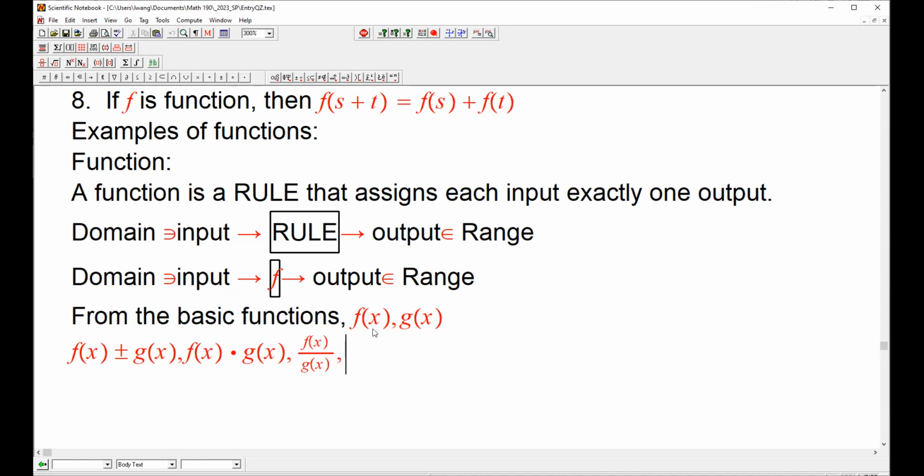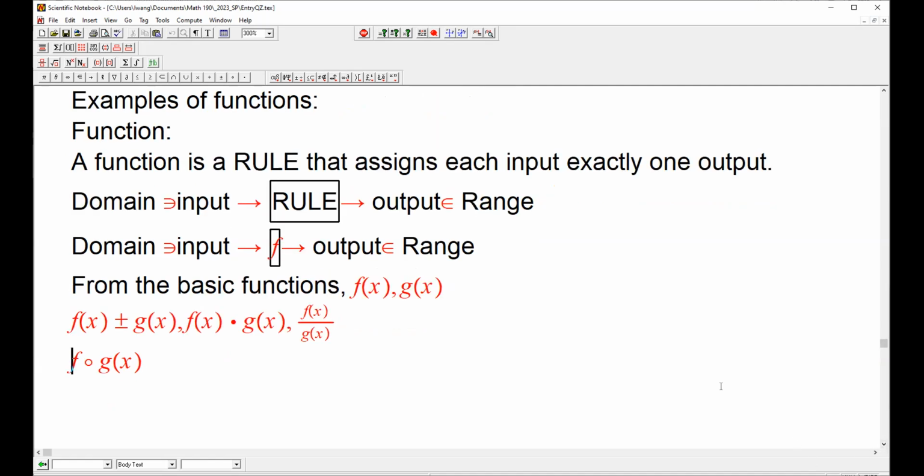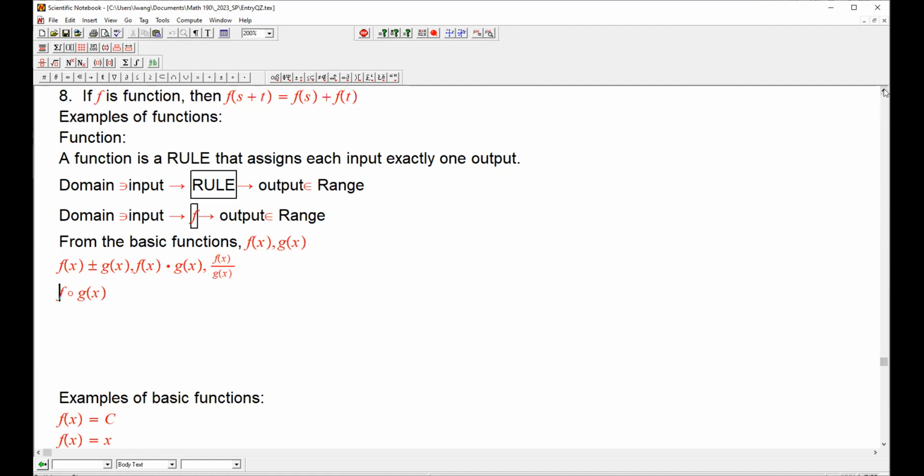Okay. Now, there's another way of making functions called composition of functions. We're going to use this in the chain rule. Some of you who have taken a calculus class know the chain rule. Chain rule might mess up a lot of people. It's a pretty intense topic, related to composite functions. So what it does is you have f of g of x, and you can have many, many layers.